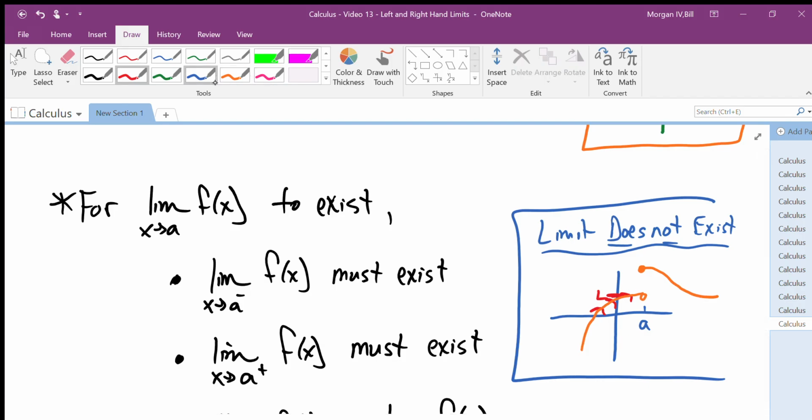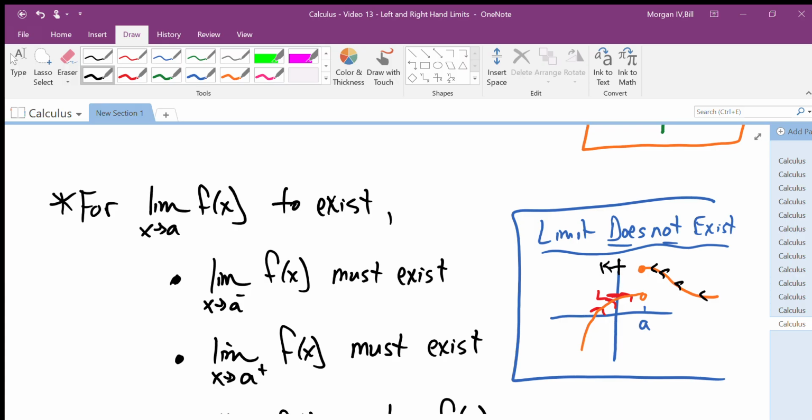But as we approach the value of a from the right, it's getting towards this value of y here, K. And since L and K are not the same, where it's approaching from the left is not going to the same y value as the function approaching from the right, the overall limit does not exist.